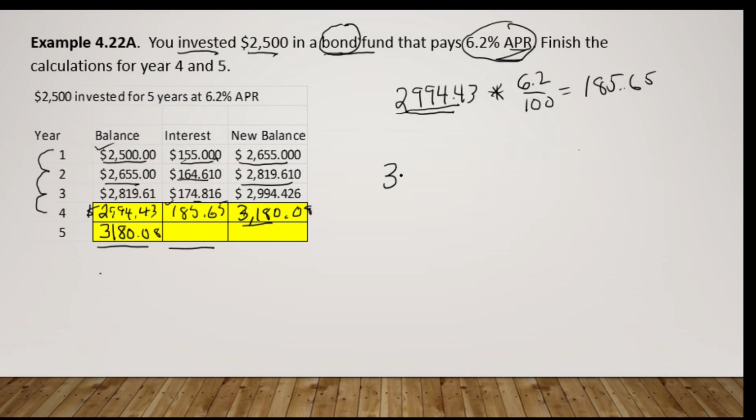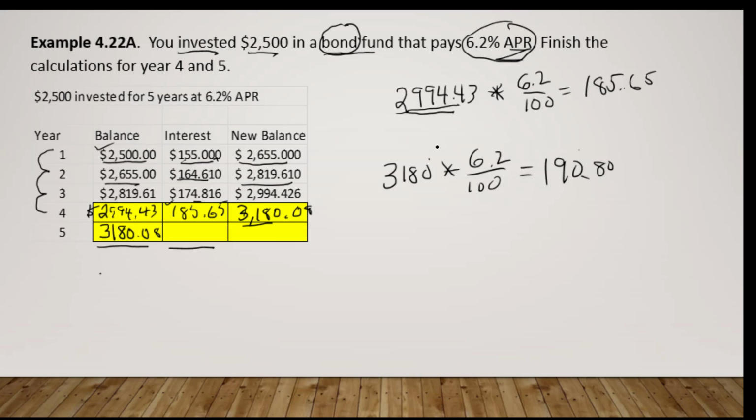The quickest way, of course, is 3180 times 6.2 over 100. I'm getting $190.80. So that can't be quite right.